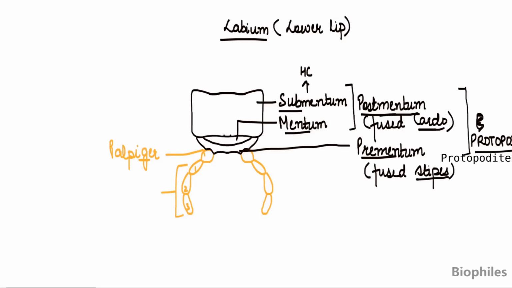And these three segments will make up the labial palps. And these labial palps again will have tiny bristles, and these bristles are going to help in tasting the food. So this was the exopodite.